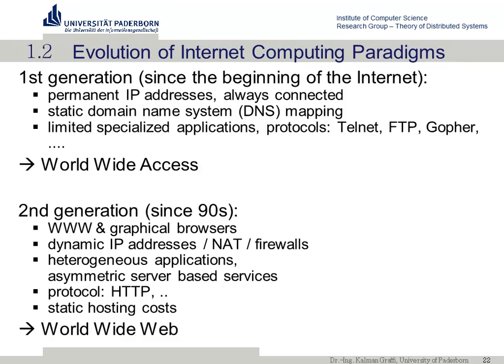Later on, since the 90s, the internet was made public, also open to the public, and with that a lot of new users came, and they introduced a specialization or differentiation of the nodes in the internet.